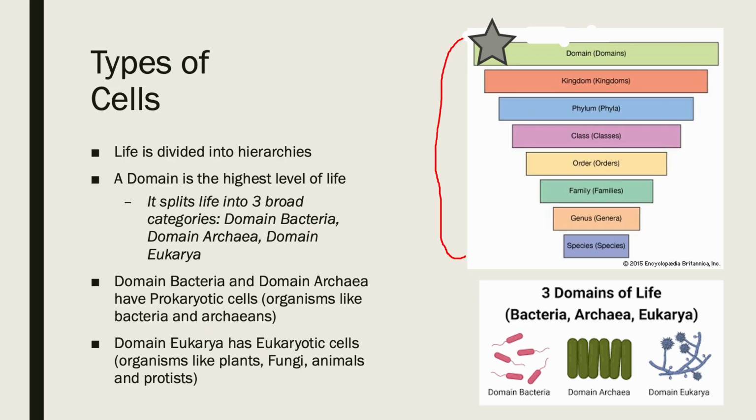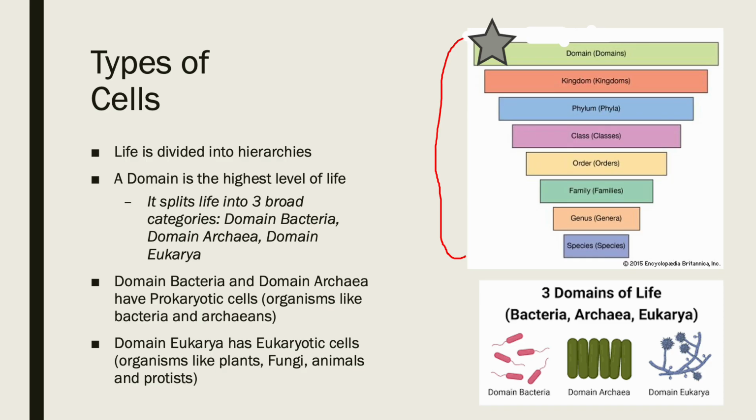You may be familiar with the taxonomic hierarchy of life. You may have learned this in high school. Kingdom, phylum, class, order, family, genus, species, with a species being the most specific niche of an organism and a domain being the largest category, and it's the highest level of life.